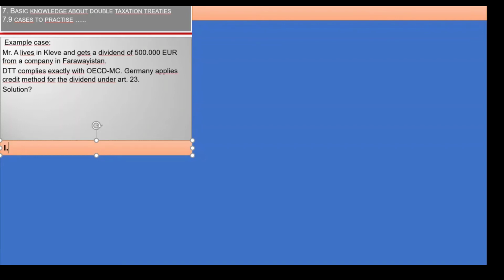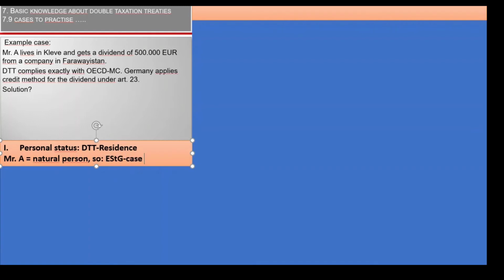The first thing which we have to solve here is the personal status. So the DTT residence country has to be determined. And Mr. A is a natural person, so it's an ESTG case: unlimited tax liability in Germany under 1.1 ESTG.